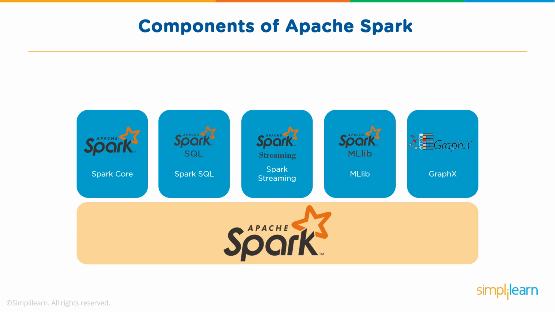Think about Facebook, think about LinkedIn, where you have one person connected to another person or one company connected to another company. If your data can be represented in the form of network graphs, then Spark has a component called GraphX, which allows you to do graph-based processing. So these are some of the components of Apache Spark: Spark Core, Spark SQL, Spark Streaming, Spark MLlib, and GraphX.